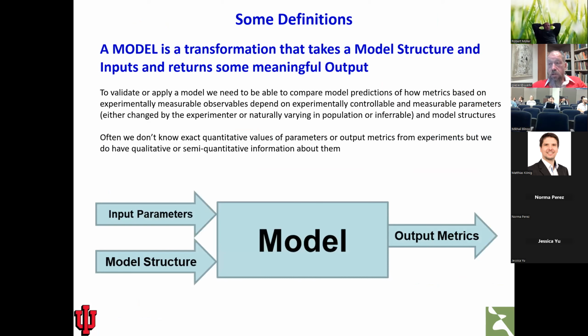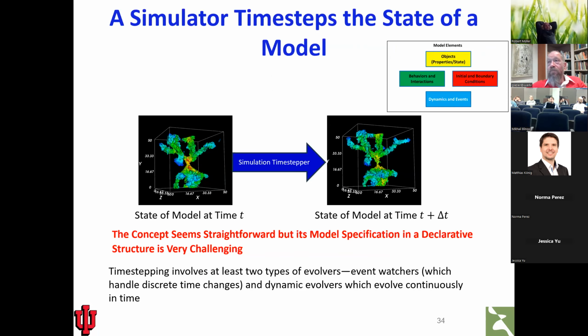A couple of definitions. People always see this slide in almost every talk I give. I like to think about models as decomposable into a model structure. In the case of a network, well, that would be the network architecture, possibly including also the reaction rules that are associated with it, and then a set of parameters, which would be rate constants, initial values, and so on, and then the idea of a model output.